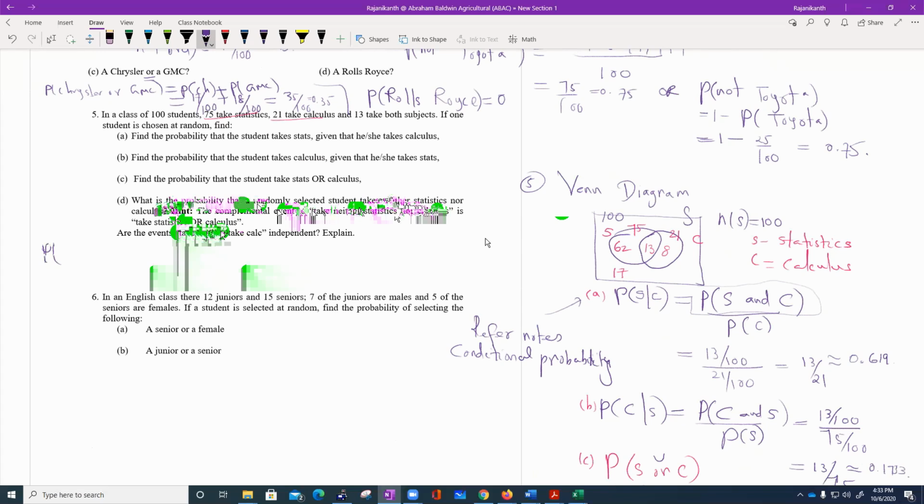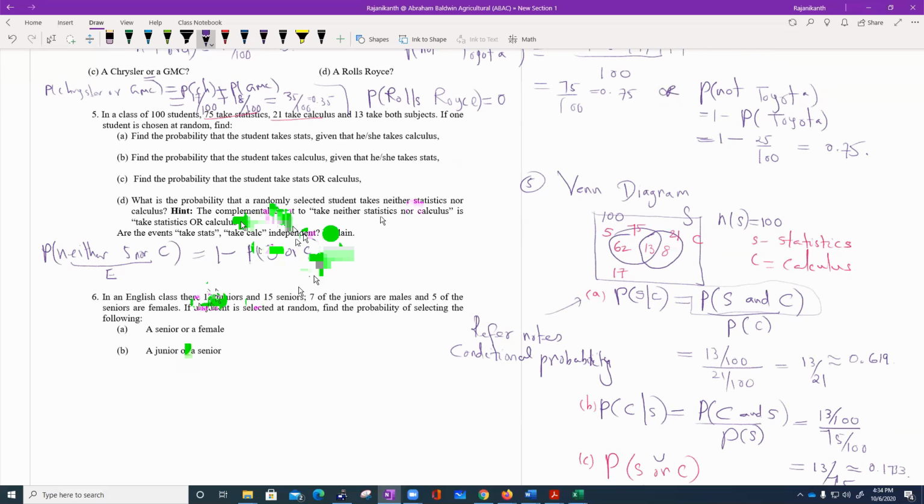So if you think of this as the event E, the complement event they are telling us under the hint is statistics or calculus. So this is simply 1 minus P of statistics or calculus. You could think of this as the complement event of neither.